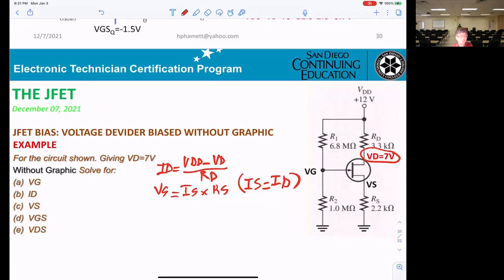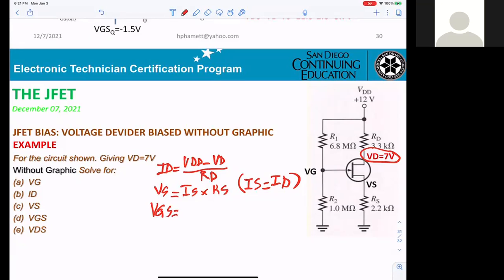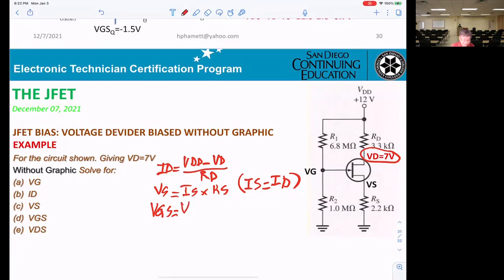Number D. They want VGS. How do we calculate the VGS? VG minus VS. Exactly.